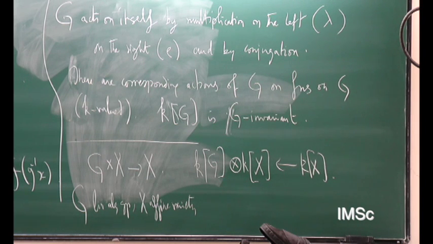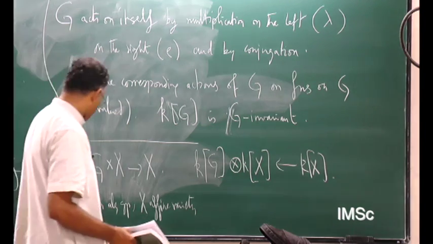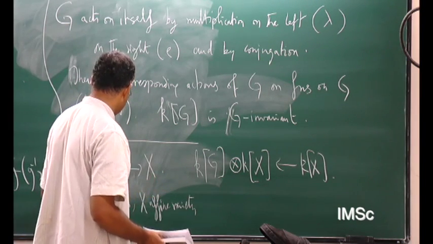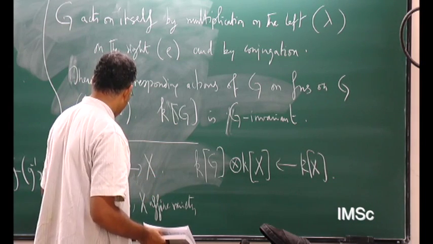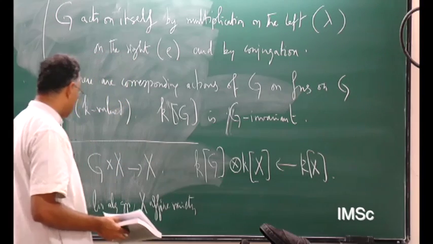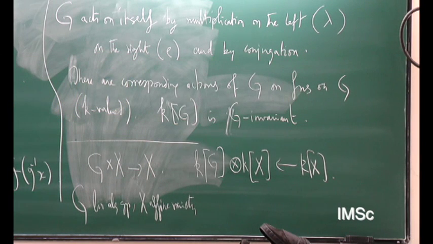Well, what I'm saying is right, but what I wanted to somehow get from this was the G action on K[X]. Well, this doesn't seem to give that. In any case, what I said earlier is clear enough, right? Okay, this is fine. This is correct.